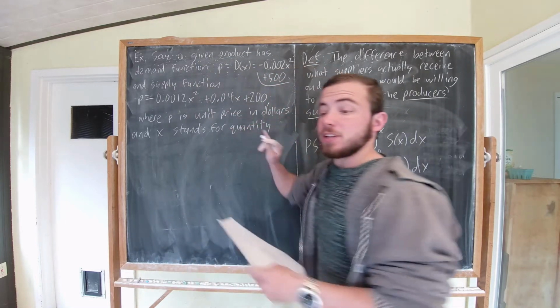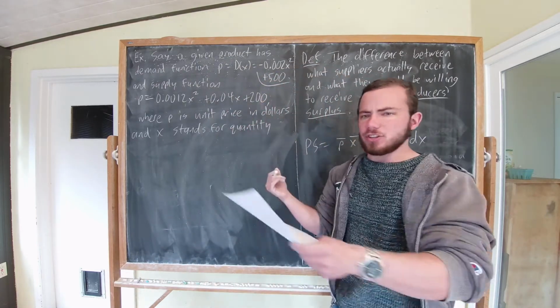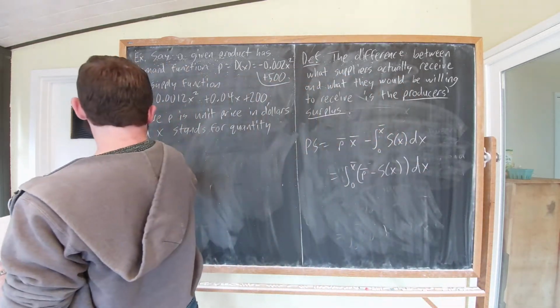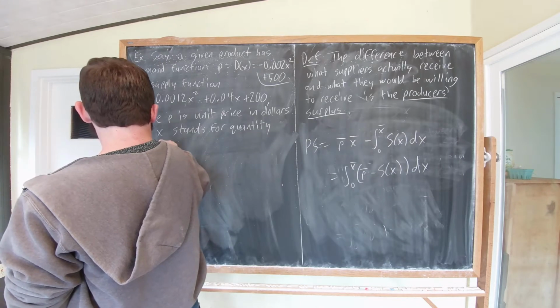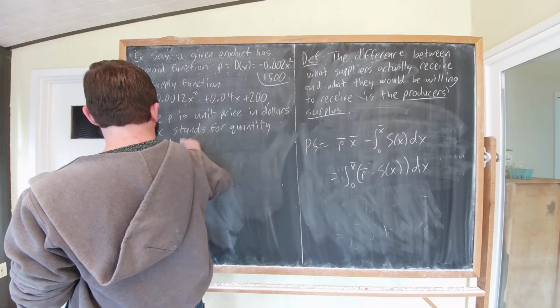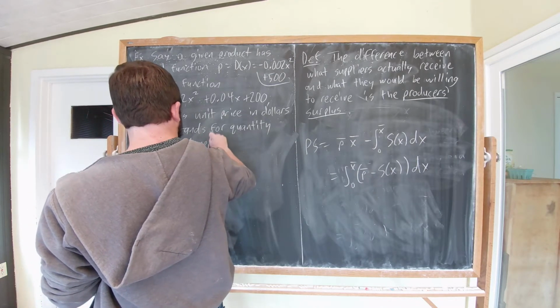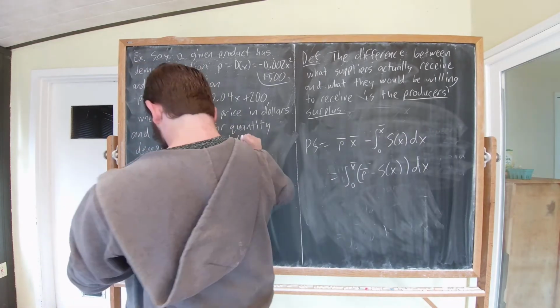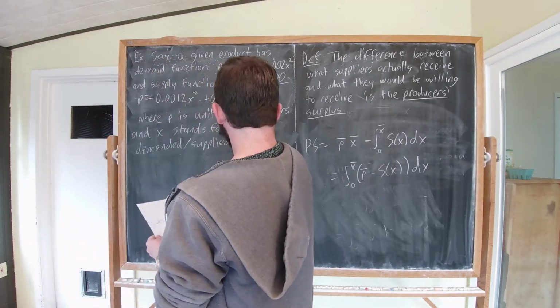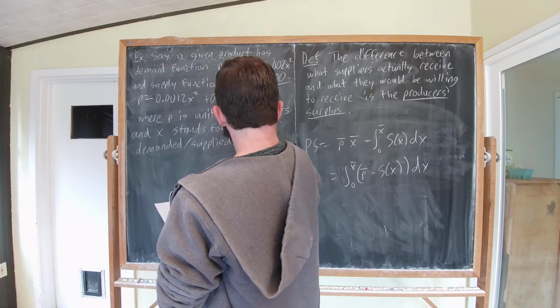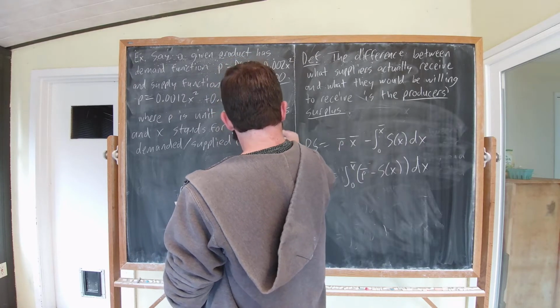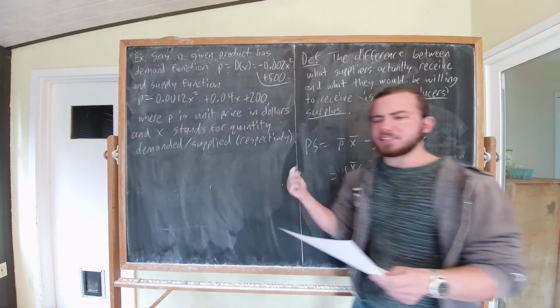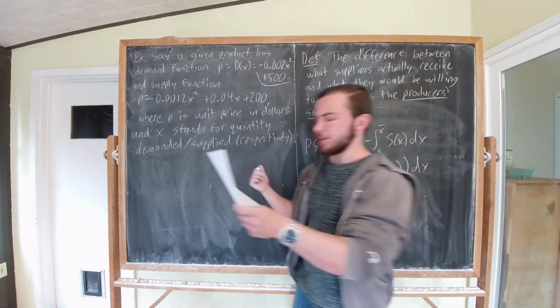With the first equation, it's quantity demanded. With the second equation, it's quantity supplied. And we'll say x is measured in units of 1,000.